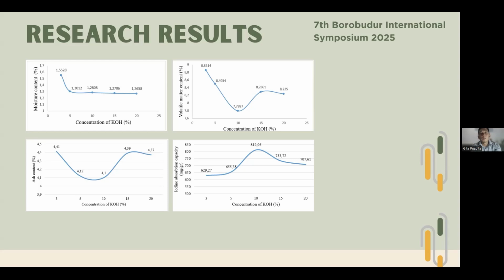However, iodine absorption capacity then decreased at concentrations of 15% and 20%. This decrease is caused by the potassium hydroxide concentration being too high, which triggers the formation of a crust on the surface of the charcoal, leading to pore blockage and reduced access for absorption.